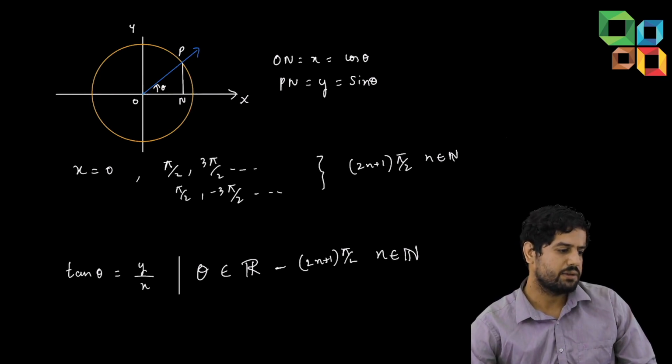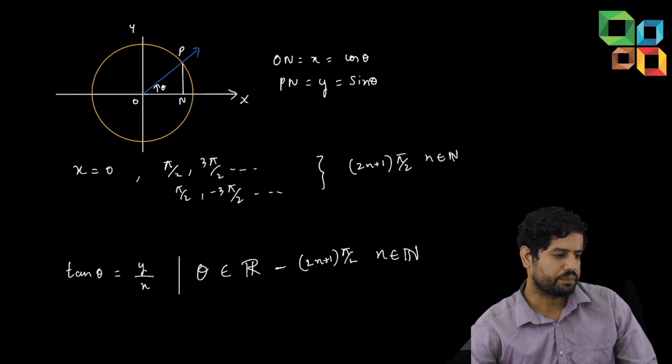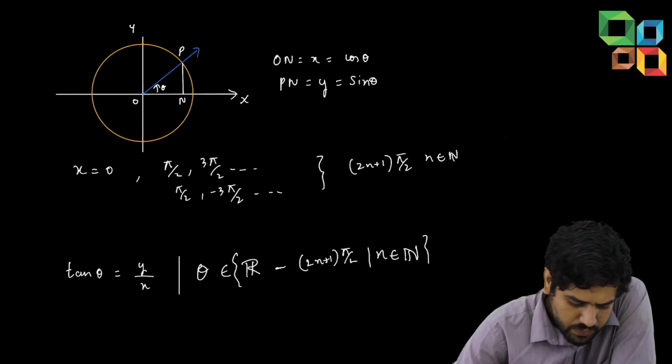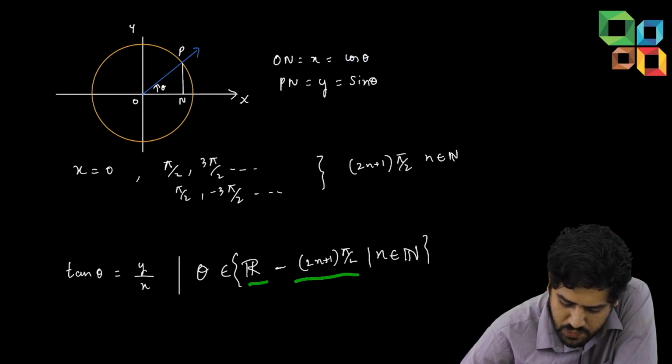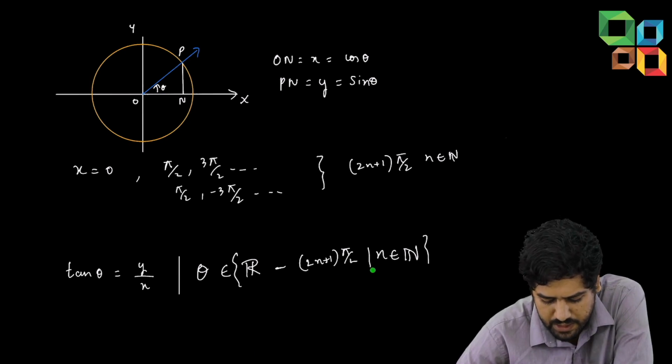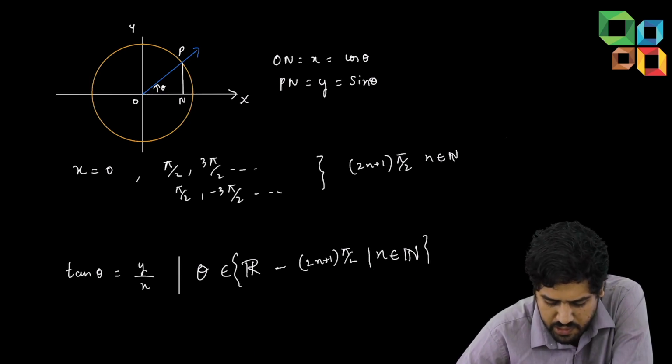So that is the definition for tan theta. Theta belongs to the set of real numbers minus 2n plus 1 pi by 2, where n belongs to the set of natural numbers.